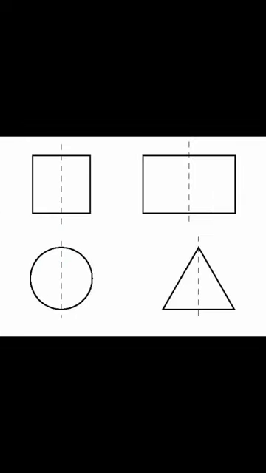They can also have lines of symmetry. So this is a square with a vertical line of symmetry, and it can have a horizontal one also. Similarly, a circle can have many lines of symmetry, as well as our rectangle.